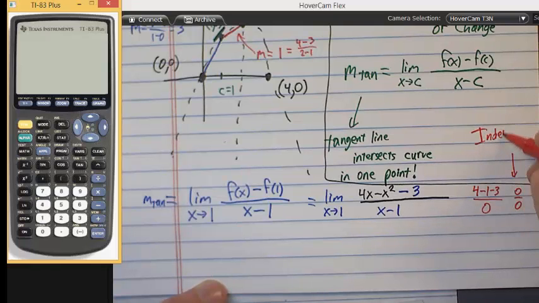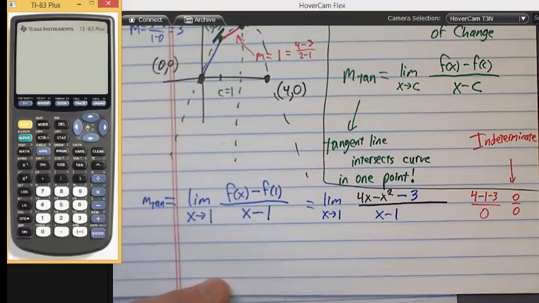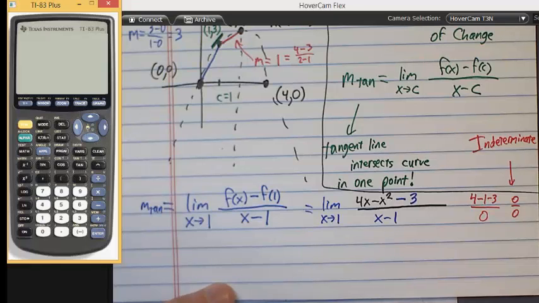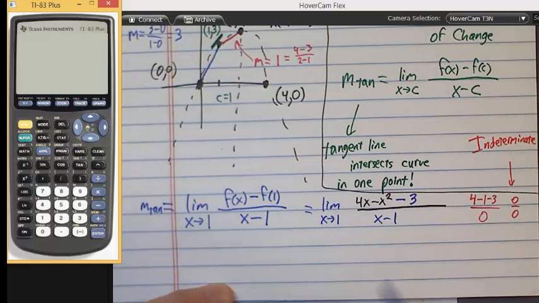What did that mean? It means we have hope. Maybe we can do something like factoring. Yeah, let's try some factoring. All right, so maybe this limit does exist. Let's hope so, or I just wasted 15 minutes of our time trying to compute it, right? I only have so much class time.